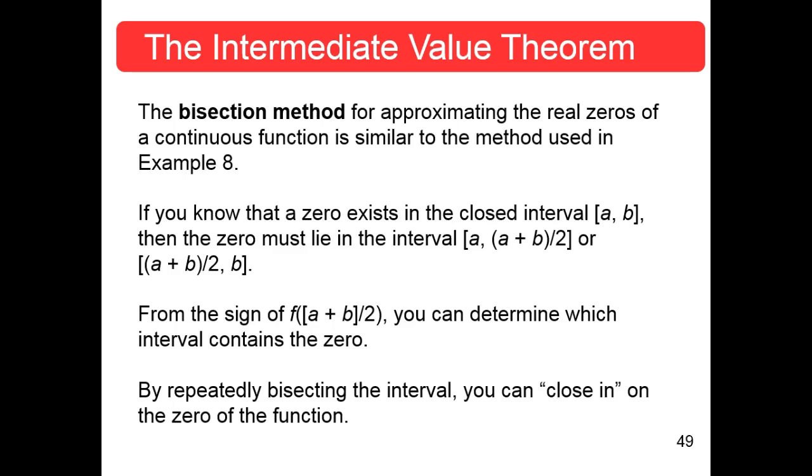If there's a sign change here or here, one of the two, there's got to be a zero. Then determine which interval contains a zero. If the sign changes between here, go to 0.25. If it's here, go to 0.75. Just keep repeatedly bisecting the interval. You can close in on the zero, whichever way it's going, and get it to as much accuracy as you want.